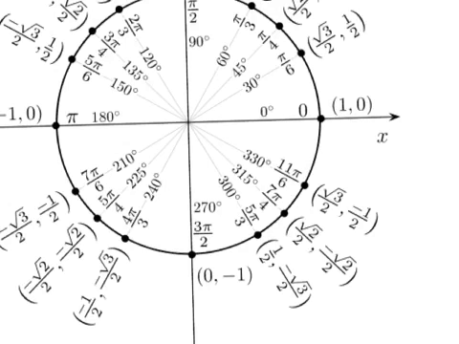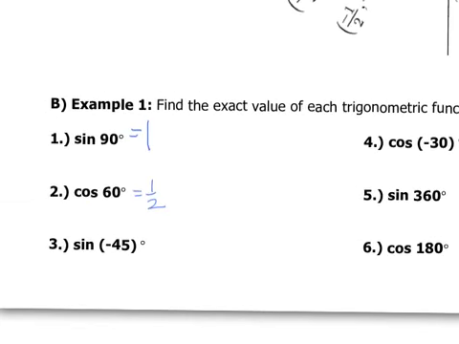For negative 45 degrees, we're looking at 315. Why would you go to 315? Because 315 is the same angle as negative 45 degrees. Negative 45 degrees is just going 45 degrees this direction. That's 315 degrees. They're coterminal. So sine of negative 45 is negative radical 2 over 2.